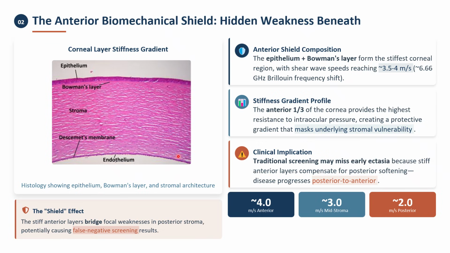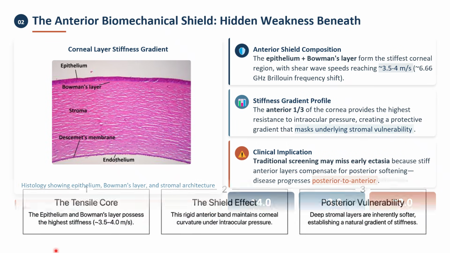This is very important because it creates what's known as a biomechanical shield. The outer part is the shield that resists any force from outside, so the stiffness in this part is very high. We should keep this in consideration when we are doing LASIK or a refractive procedure, or cross-linking, that the stiffness in the outer one third is much more than the stiffness in the inner two thirds of the cornea.